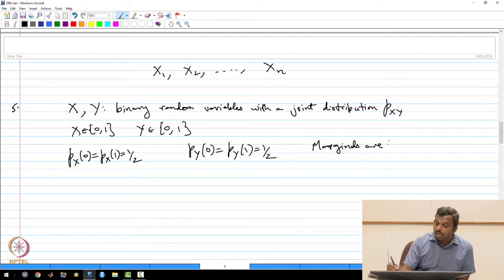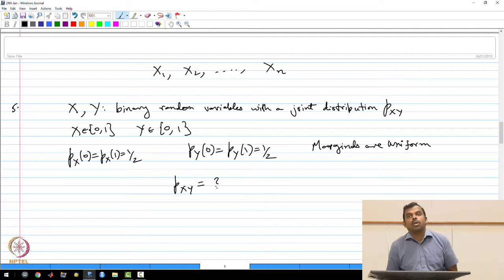Marginals are uniform. What can you say about the joint distribution? That's the question. They are jointly distributed, I know that, and then I have their marginal distributions. I know that x by itself is uniform, y by itself is uniform. What can we say about the joint distribution pxy?